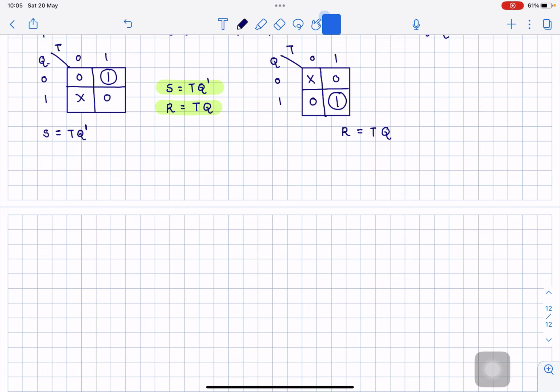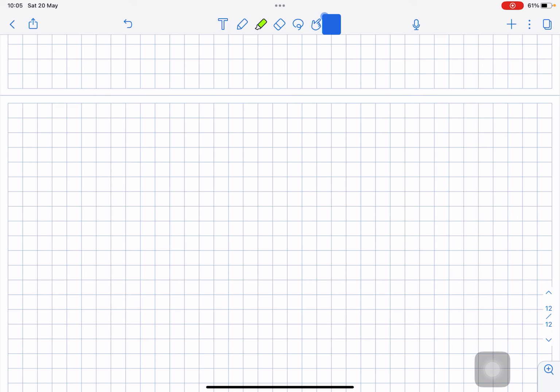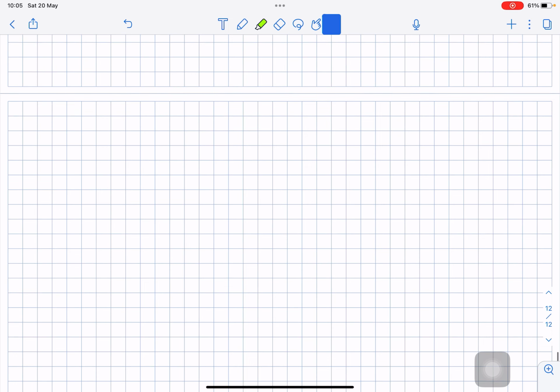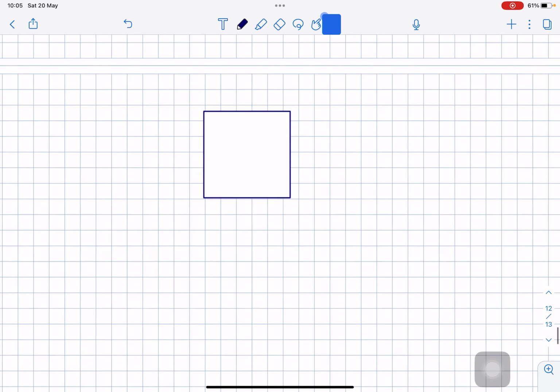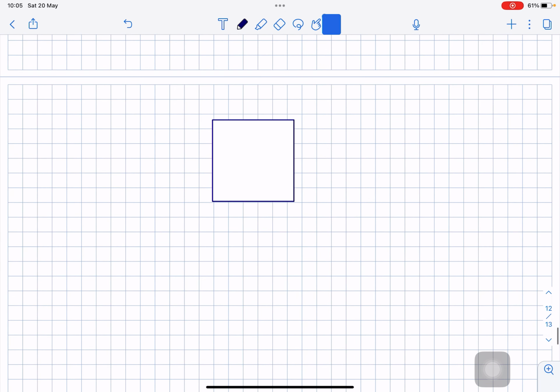Let us draw how it looks, the SR flip-flop converted into a T flip-flop. So let me draw it here. Let us say this is the S input, R input, Q output and Q dash output.